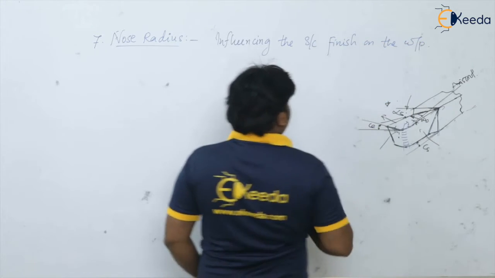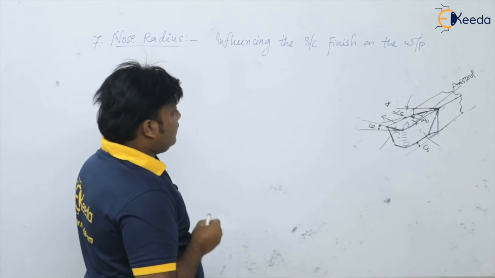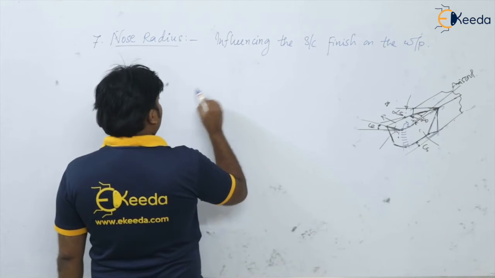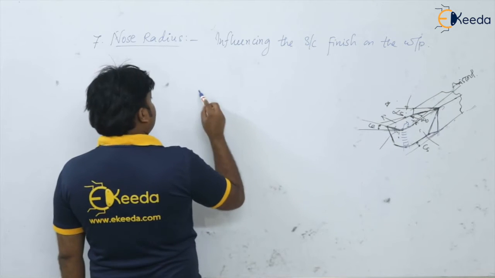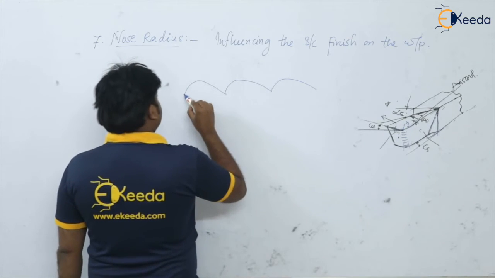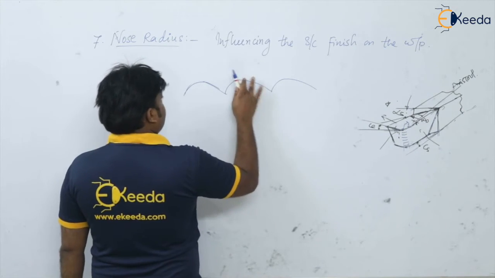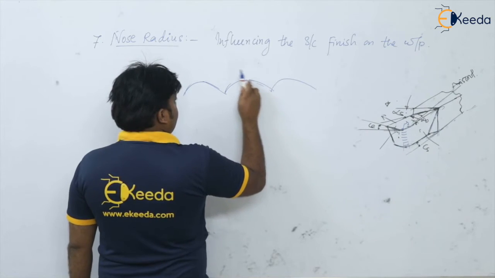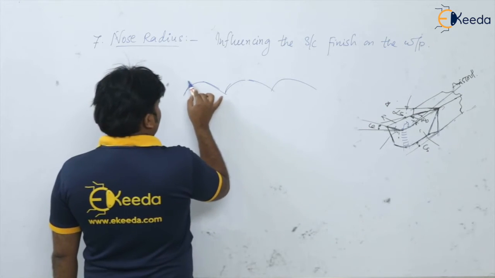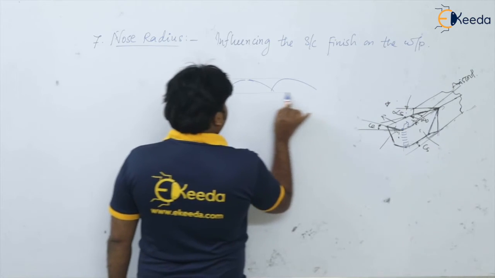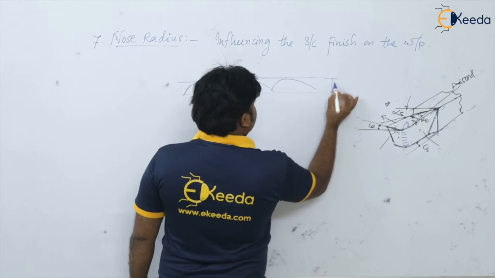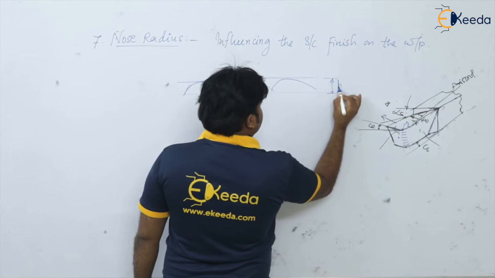Please remember. So how is it influencing the surface finish? Let us take the feed marks of this tool, and here I am now going to show you the nose radius. So if these are the feed marks of the tool with the nose radius, this distance is nothing but our h, isn't it?